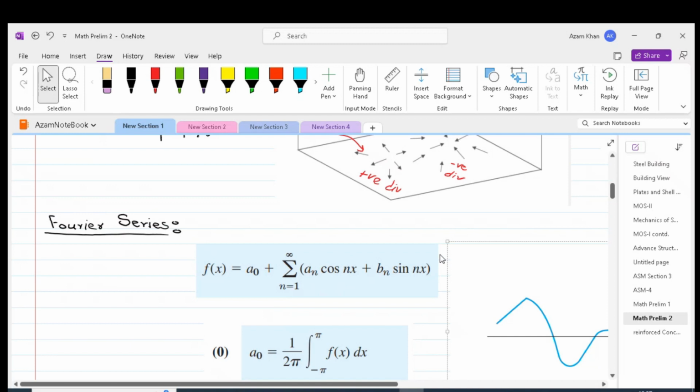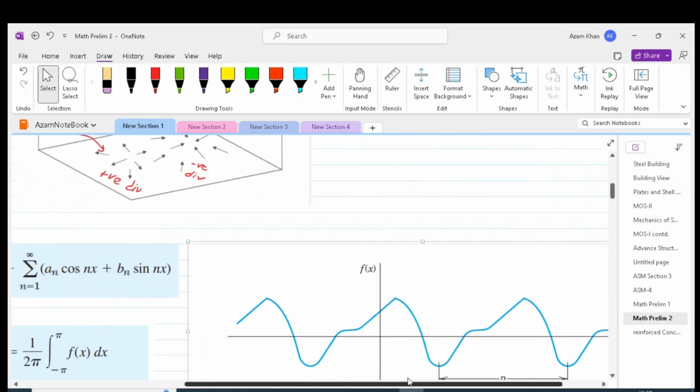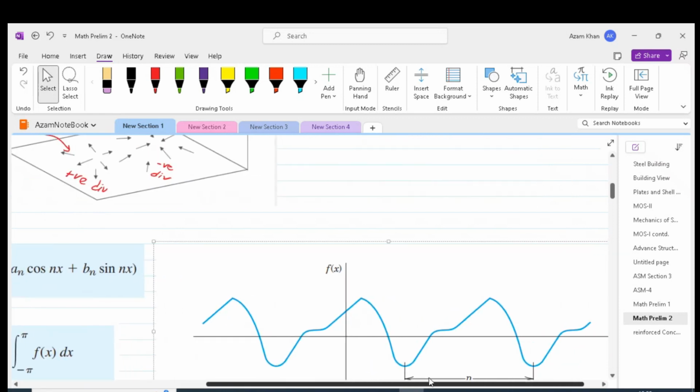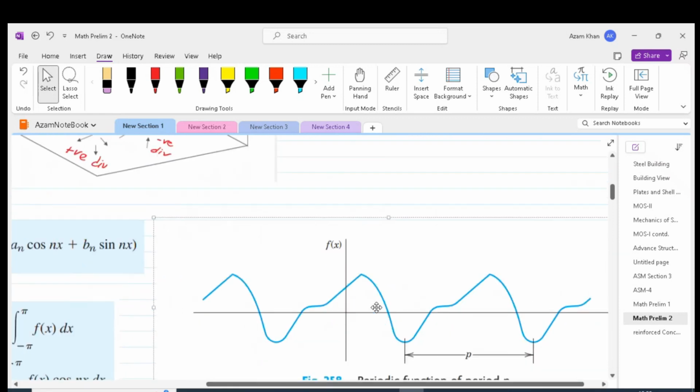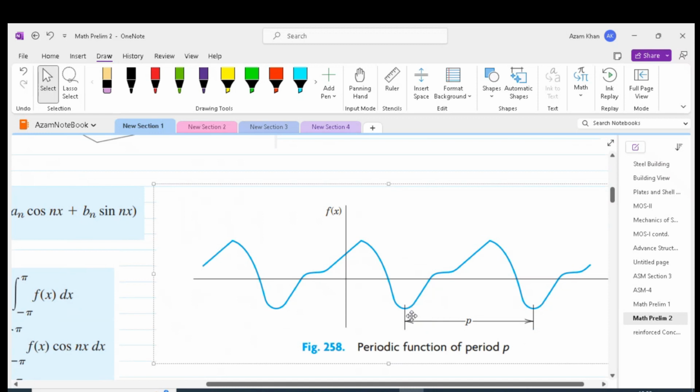As we said, the Fourier series is used to represent any periodic function as the sum of sine and cosine functions. A periodic function is a function which repeats itself after equal intervals.